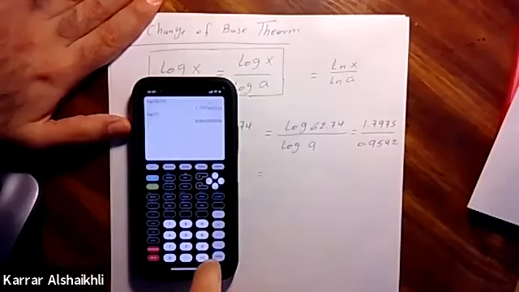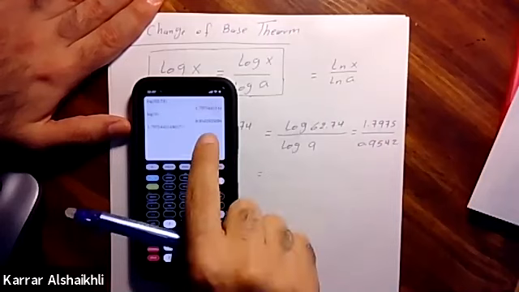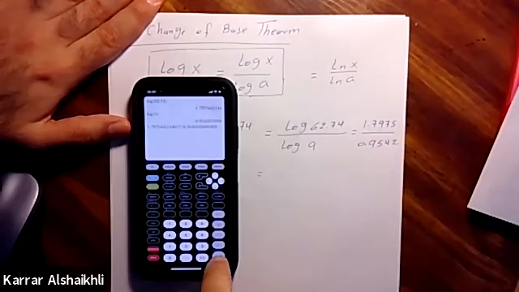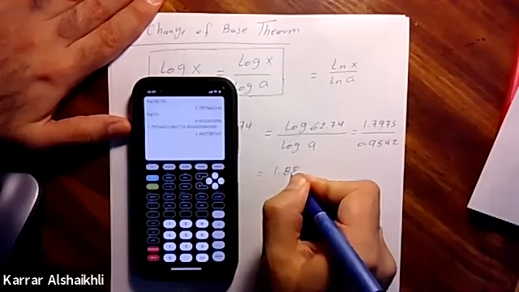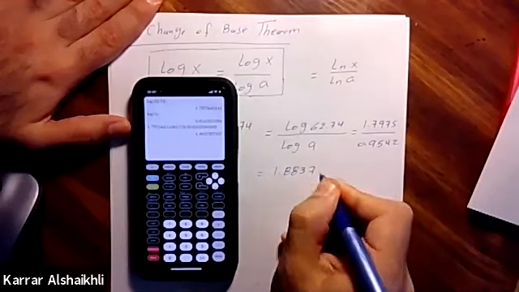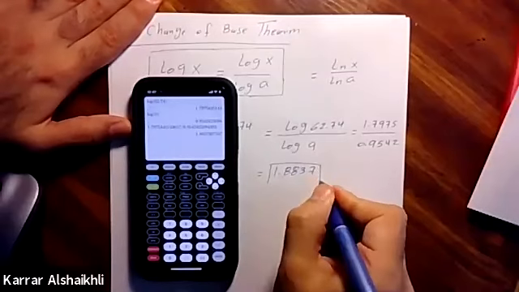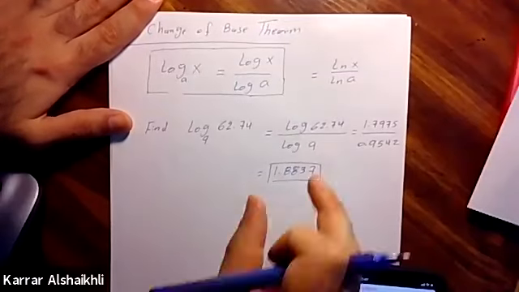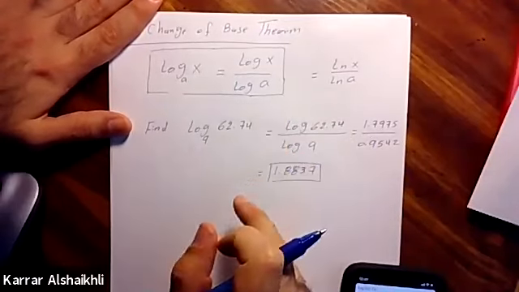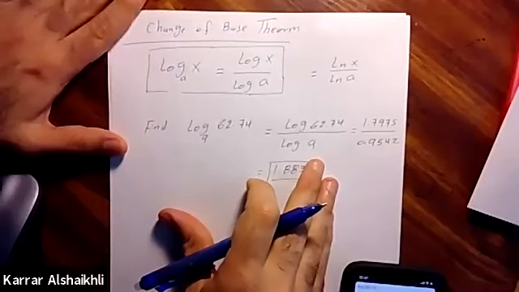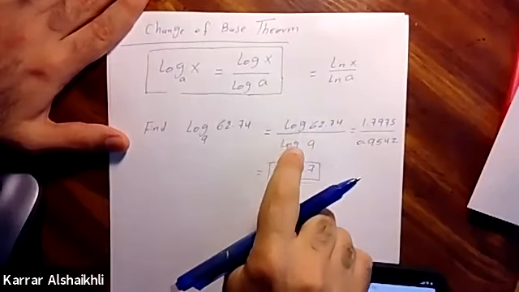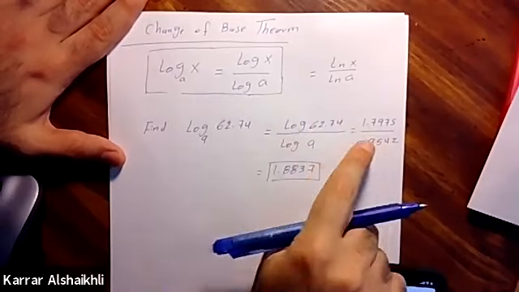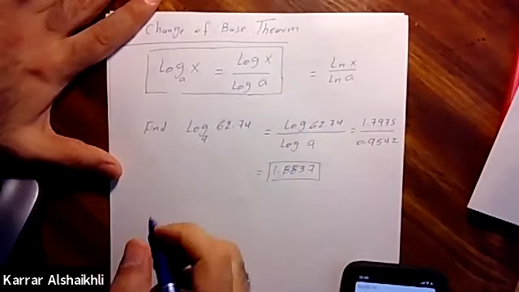Now divide this one by this one. The result is going to be 1.8837. Sometimes they're just going to ask you to write down the change of base theorem, which is until this step. And if they ask you to find the result, you have to go ahead and use the calculator.